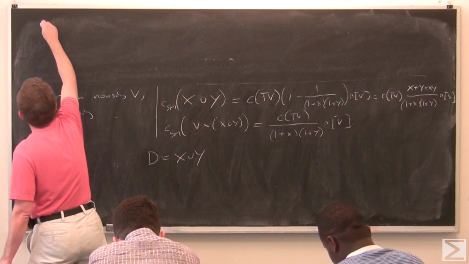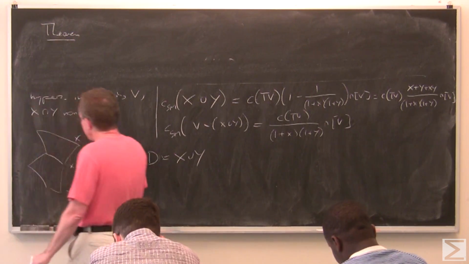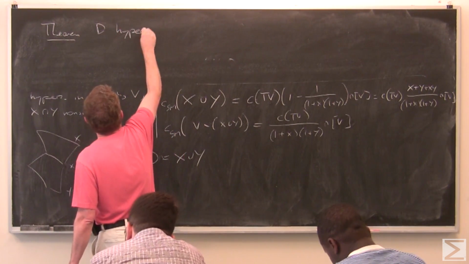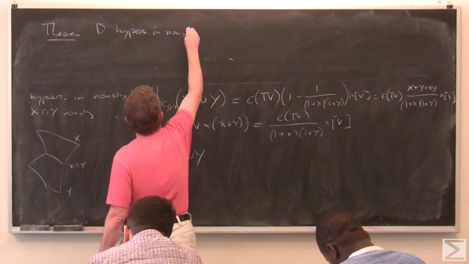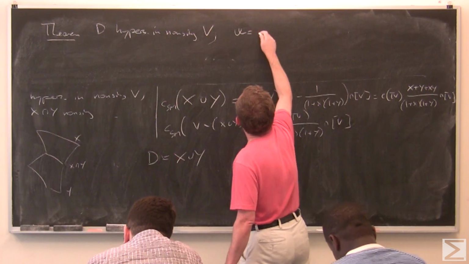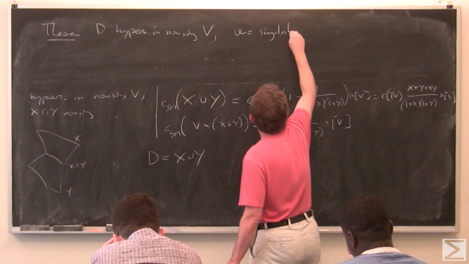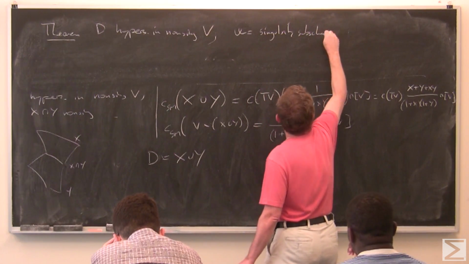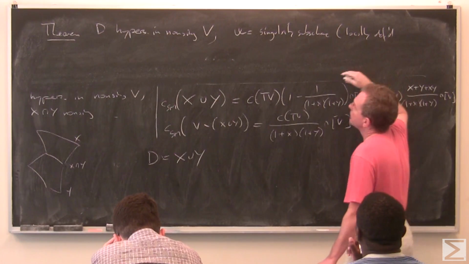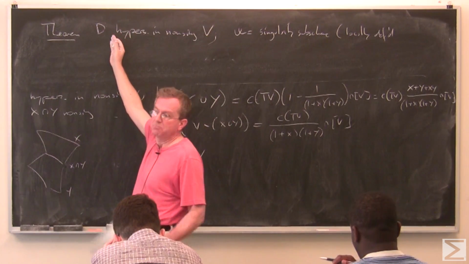So what I just hinted at is the theorem, which does not require this hypothesis, of course. Take D, any hypersurface in a non-singular V. Let W be the scheme, what I call the singularity subscheme. If you have equations for D, then the singular locus is the vanishing of the partials locally.